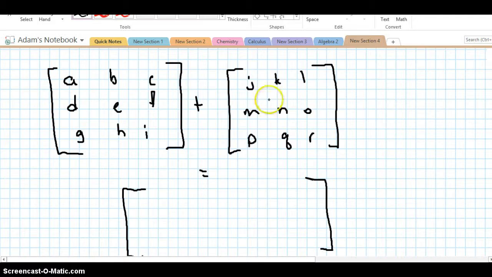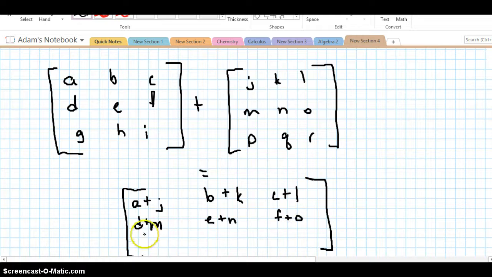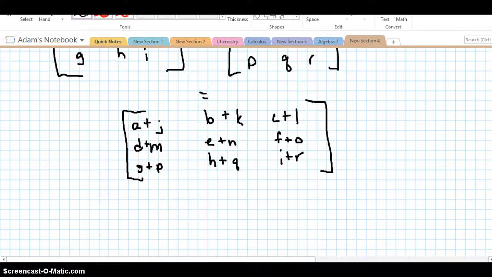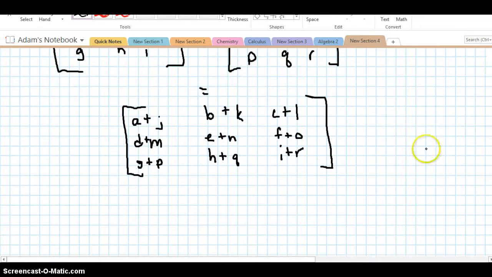I'd have A plus J, B plus K, C plus L, D plus M, E plus N, F plus O, G plus P, H plus Q, I plus R. So as you can see, I just added the elements from each matrix to give me my total of those two.